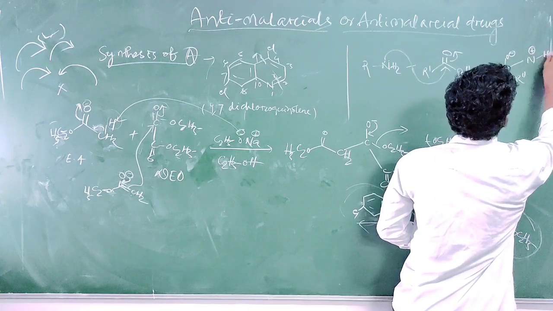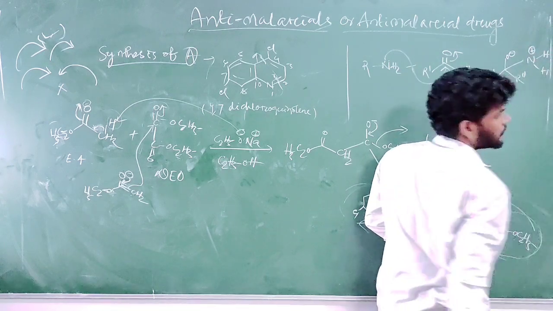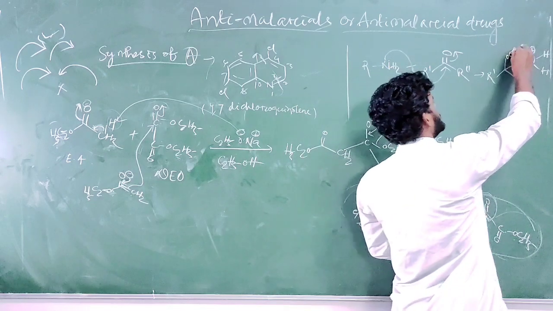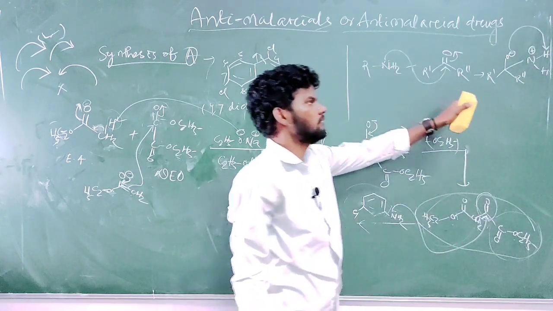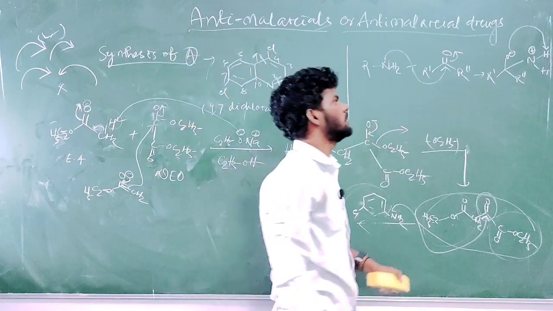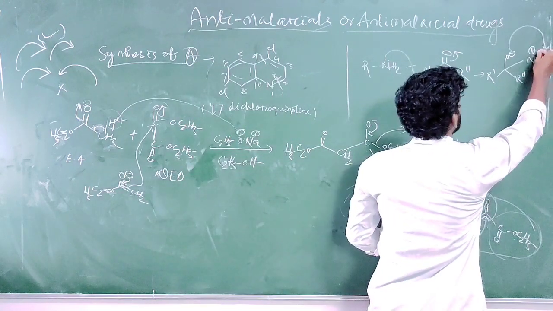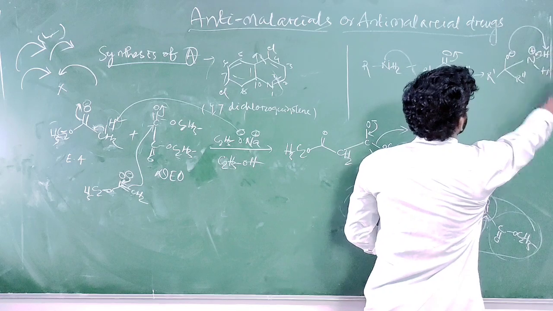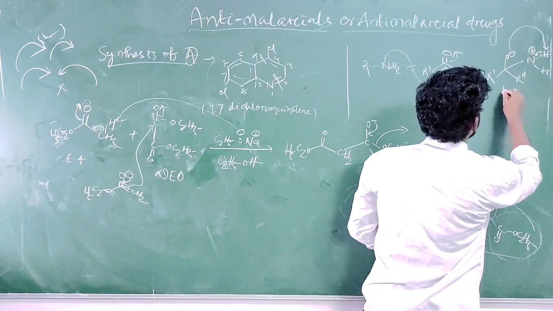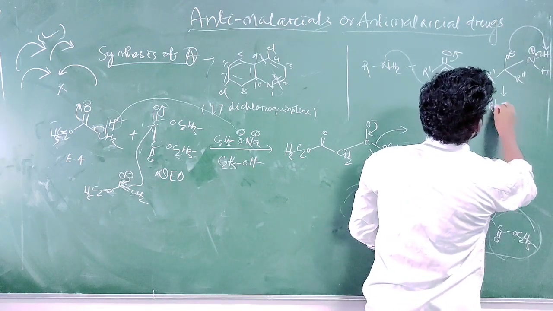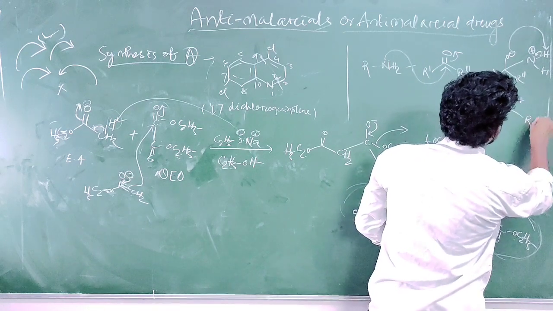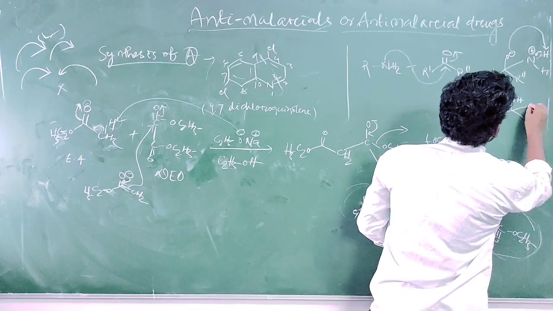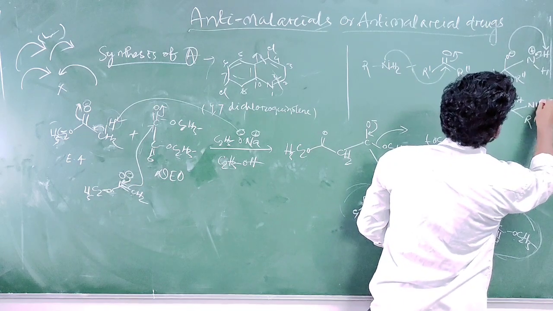So what charge is over nitrogen? Positive, yes or no? So this negative charge takes off hydrogen from here. Nitrogen here is electron deficient, so this bond moves over to nitrogen to fill the vacant electron. So what will it form? R' OH R'' NH.